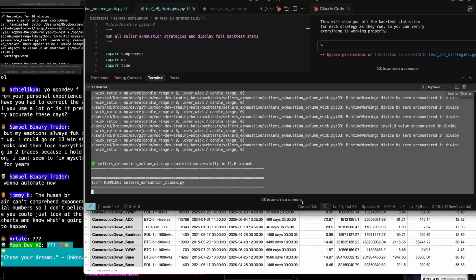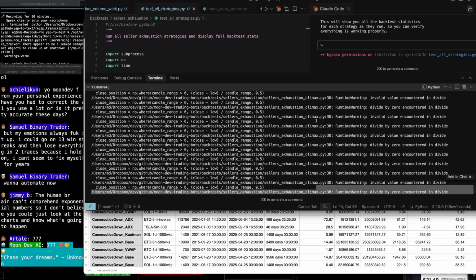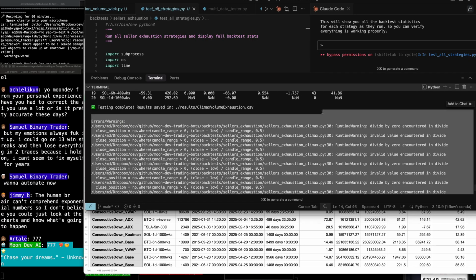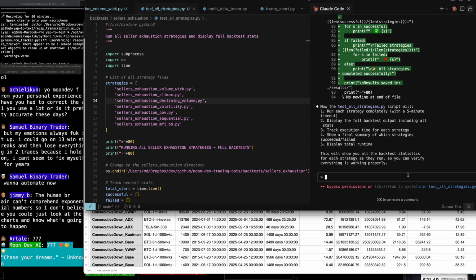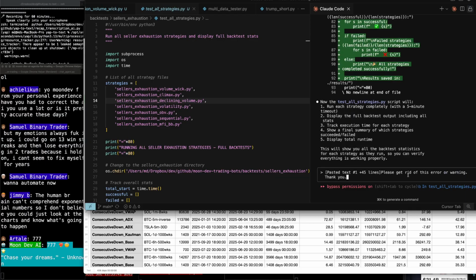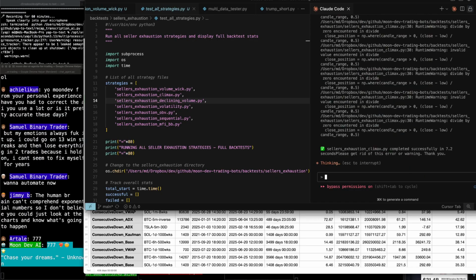I can't have that warning in here. Yeah, we're just backtesting at another level now. Please get rid of this error or warning. Thank you. Can't have that. No way.